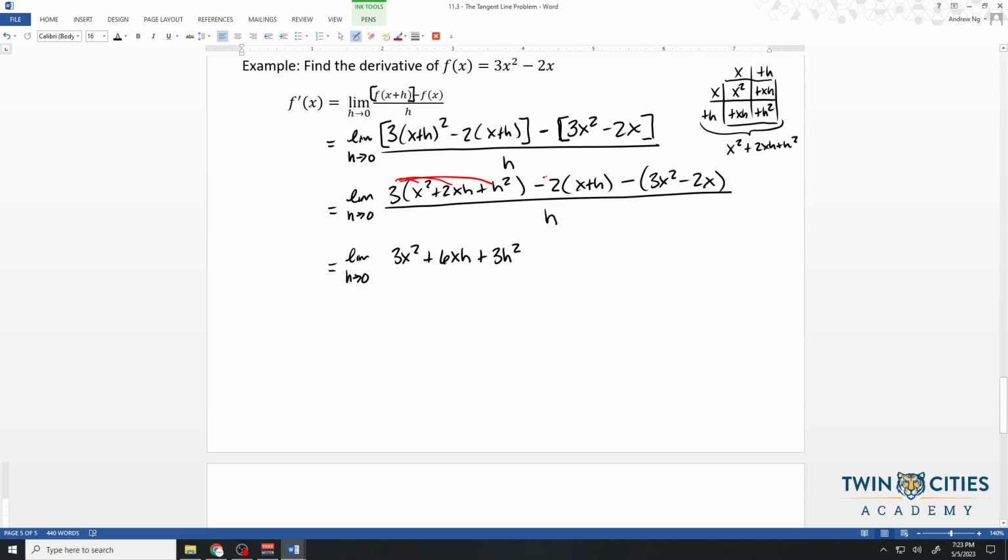Okay, what about here? Minus 2x minus 2h. Then lastly, minus 3x squared plus 2x, all over h.